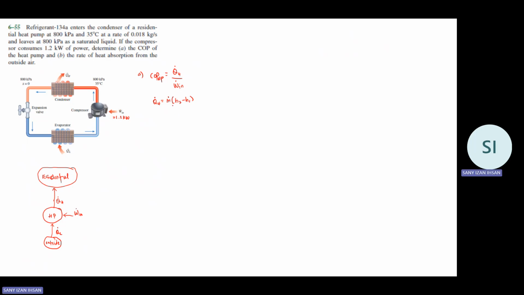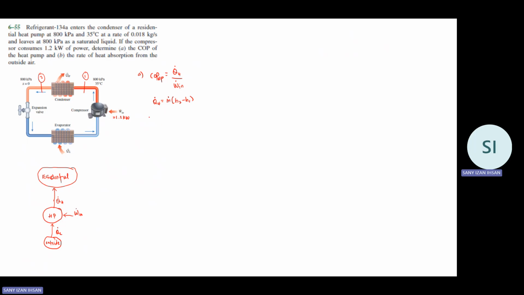So we have m dot, but we need to find h2 and h1. State 1 is before entering the condenser, and this will be state 2. If we can find the enthalpy at 1 and 2, then we can find Q_H dot. Of course, we are given the properties, so we should be able to find them from the tables.